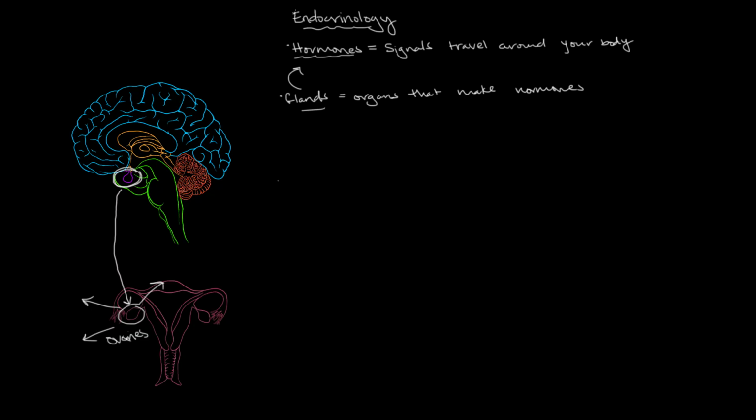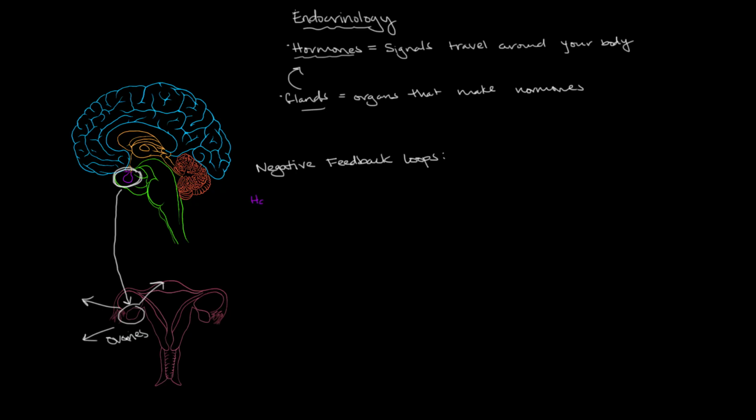And one of the ways these hormones are regulated is through what is known as negative feedback loops. So how these negative feedback loops work is these hormones try to maintain ideal levels within the blood.